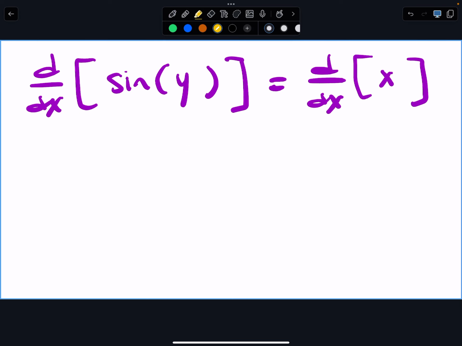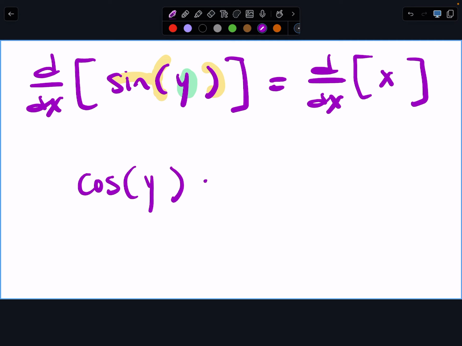Sine is the outside, and y is the inside. The derivative of the outside function would be cosine. We leave the inside alone, and then times the derivative of the inside would be dy over dx. The right-hand side would be the derivative of x with respect to x, so dx over dx, or 1.